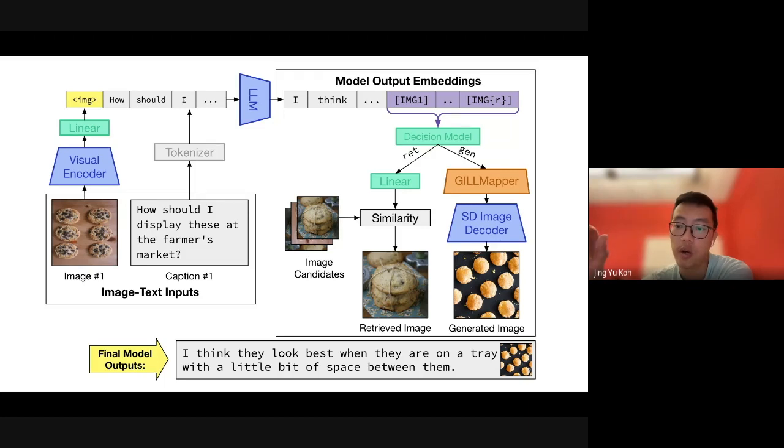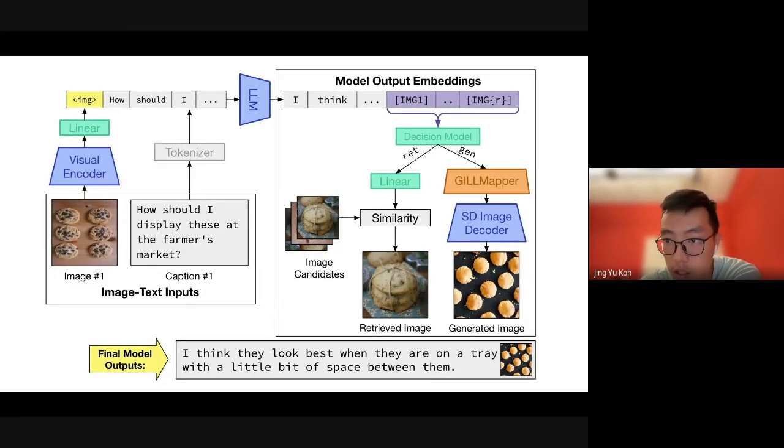So you have a caption and you have a generated image and a real image, and you get people to annotate whether the retrieved image or the generated image is better. So we have this data of about 1,000 examples that we use to fine tune this linear model. So yeah, we do have a dataset that we use for training. Thank you. Yep. Cool. Yeah, thanks for the questions.